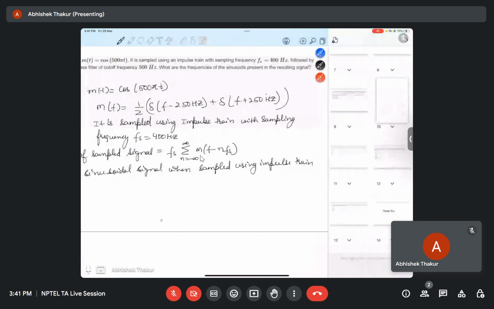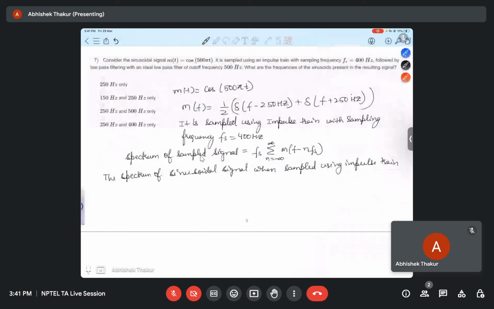So that will be delta(f minus 250 Hertz) plus delta(f plus 250 Hertz). So this was the M(f). Now we will subtract 400 Hertz and add also. So delta(f minus 650 Hertz) plus delta(f plus 650 Hertz).